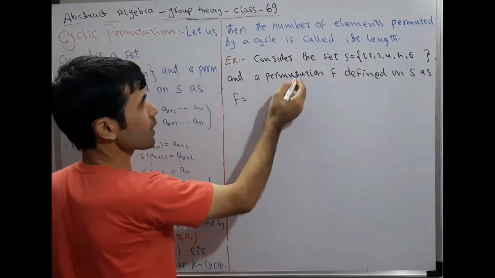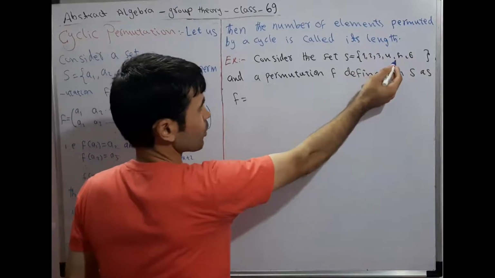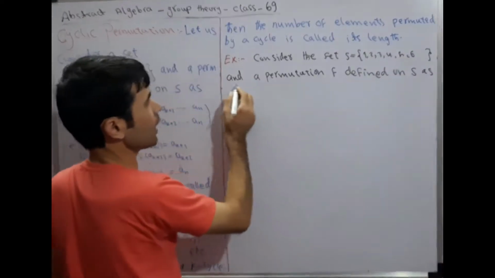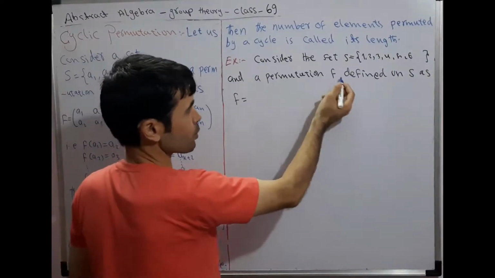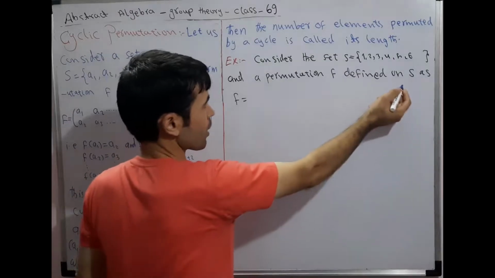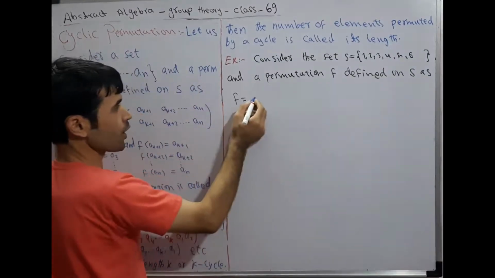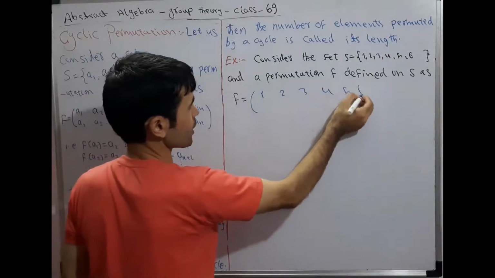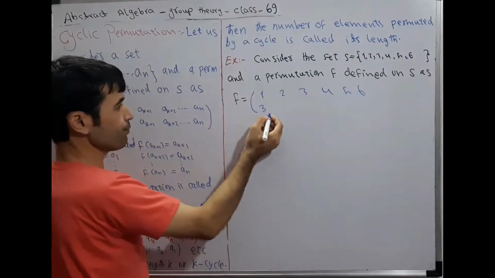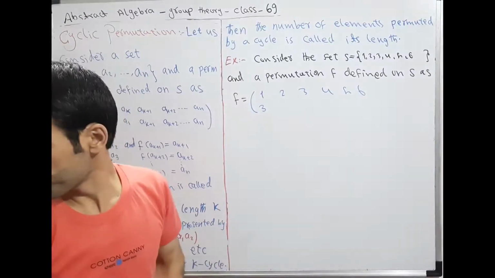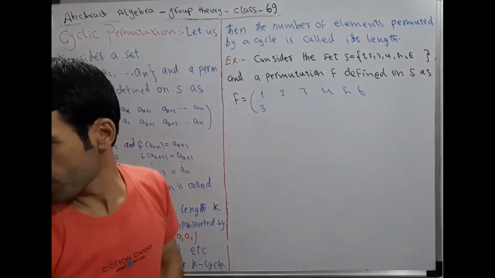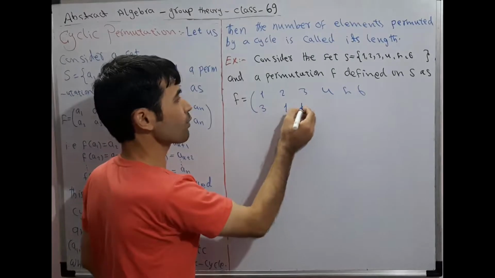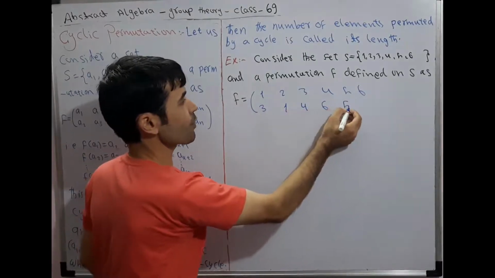Example: consider the set S equal to {1, 2, 3, 4, 5, 6}, and a permutation f defined on S as f maps 1 to 3, 2 to 1, 3 to 4, 4 to 6, 5 to 5, 6 to 2.